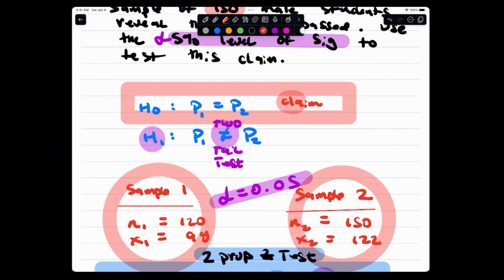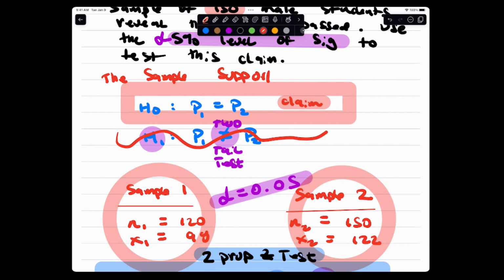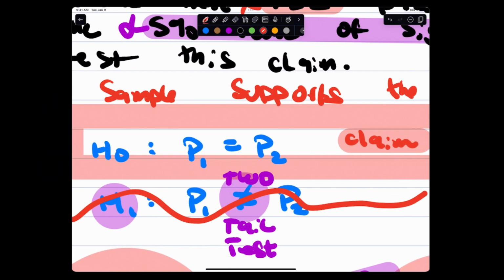So if you're keeping the null, hug your null, and you're getting rid of the what? Alternate. What's your conclusion, ladies and gentlemen? What does that mean? What does it say? The sample supports the claim. Why does the sample support the claim? Because what are you doing with the claim?